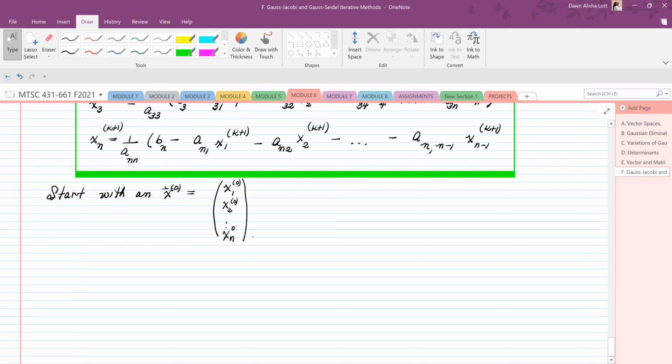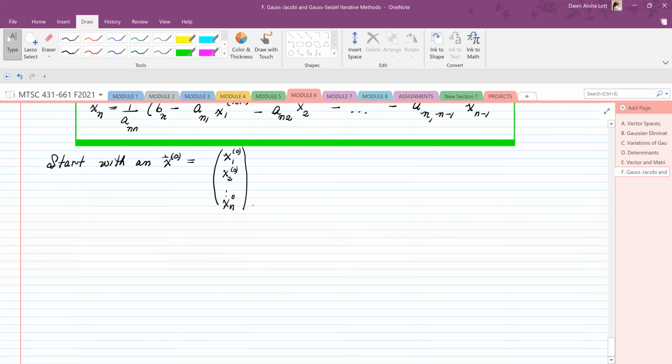Since for the most part we are using MATLAB, I'm going to give you the matrix form of the Gauss-Seidel method.